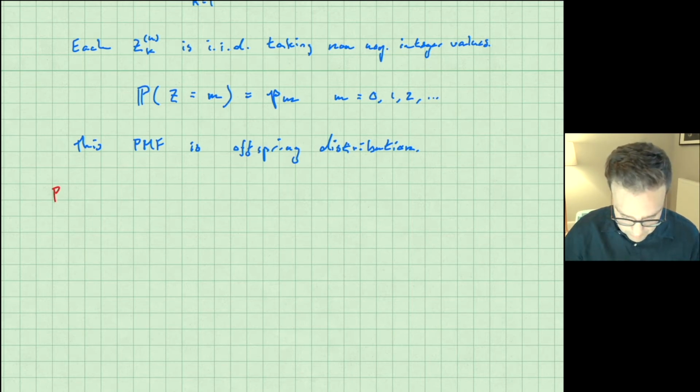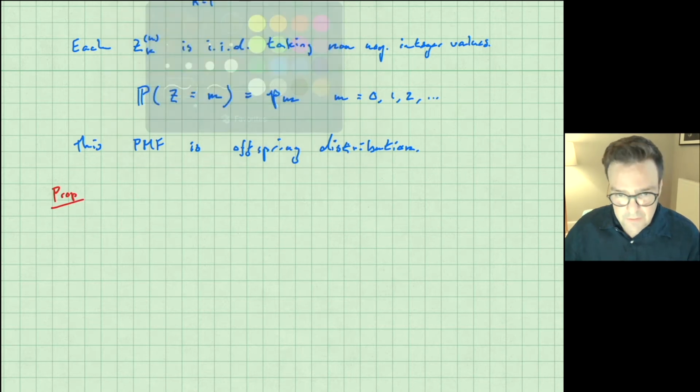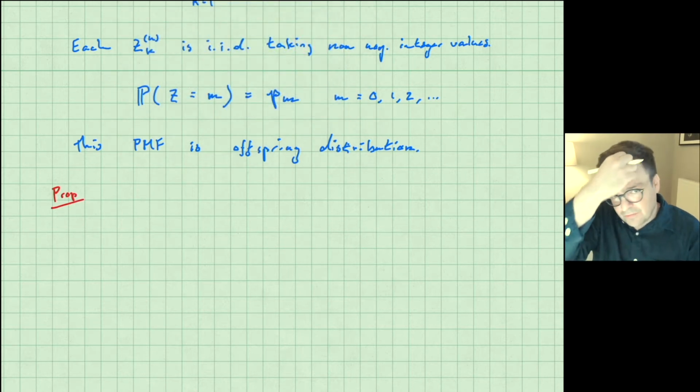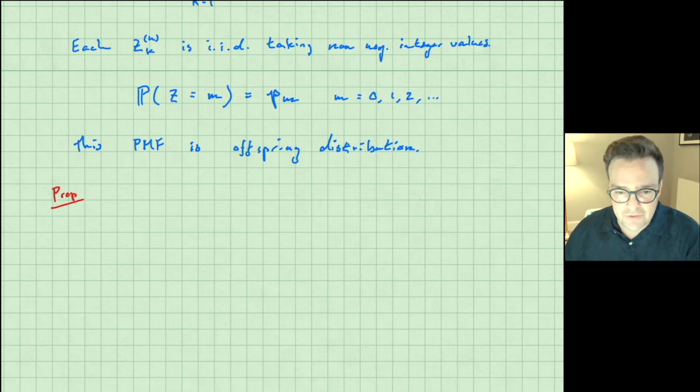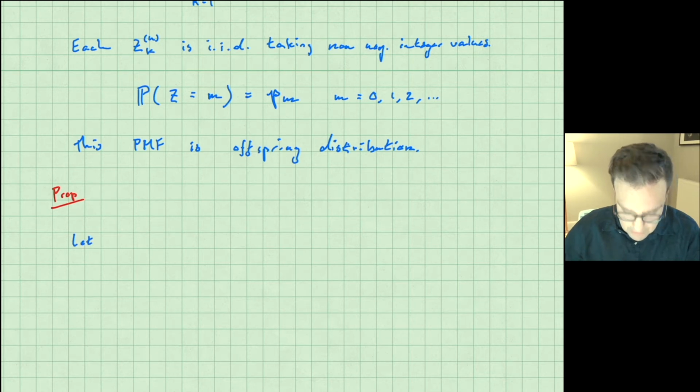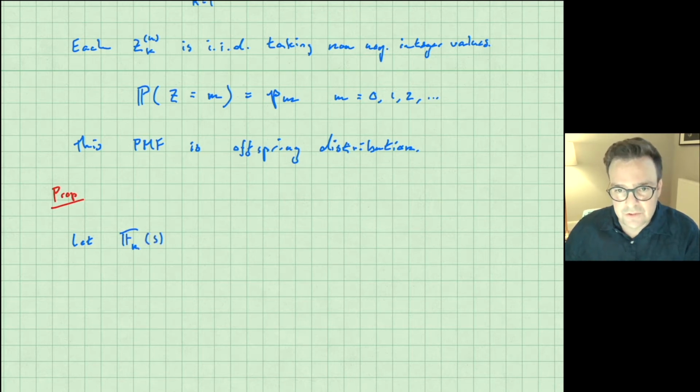And so this is a proposition. And so let's define the probability generating functions first, and then we'll state the relationship between them. So let's let the following. So we'll use the symbol f with a subscript of n to be the probability generating function for x sub n.